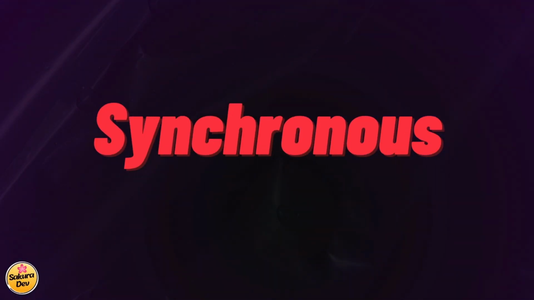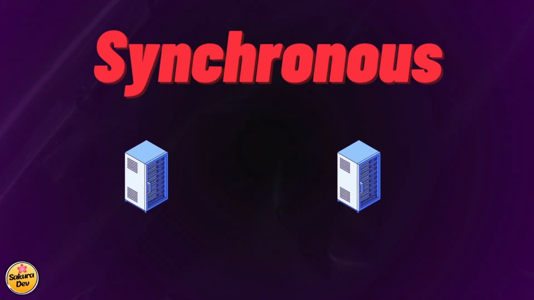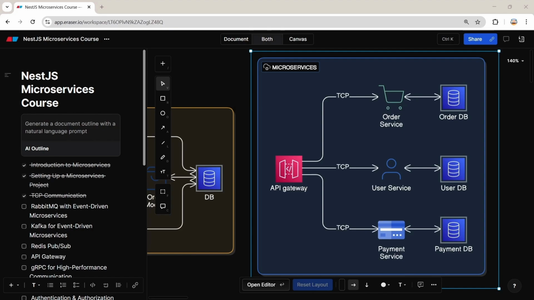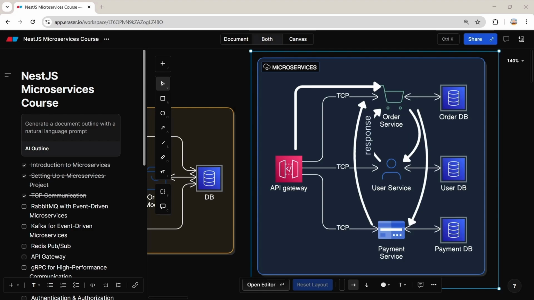In synchronous communication, services make direct calls to each other and wait for responses. In other words, this is when a microservice makes a direct request to another service and waits for its response. An example scenario is when a user places an order, the order service needs to synchronously communicate with the user service to verify the user's balance and then call the payment service to process the payment before confirming the order.